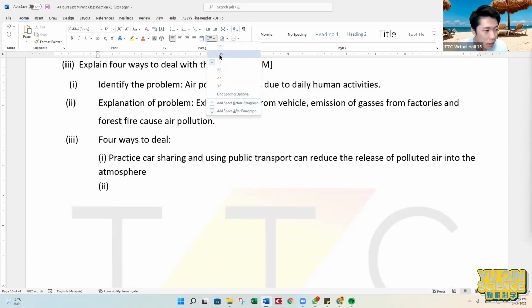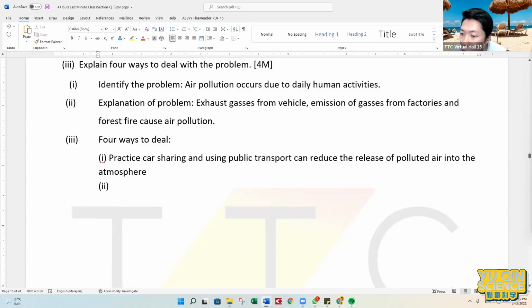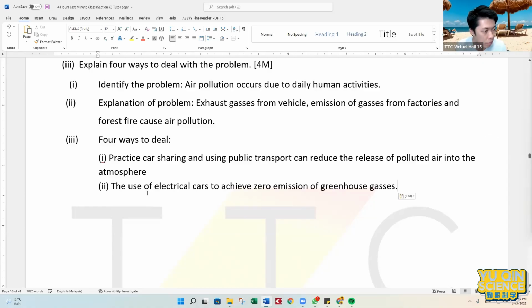Okay, Jun, like number 2, use hybrid car or electrical car, you mean? Yeah, okay, cool. Let's say electrical car to achieve 0 emission of greenhouse gases. Does it sound good?